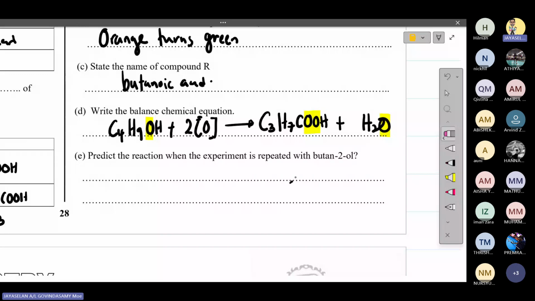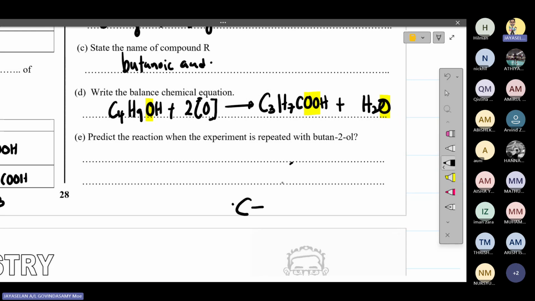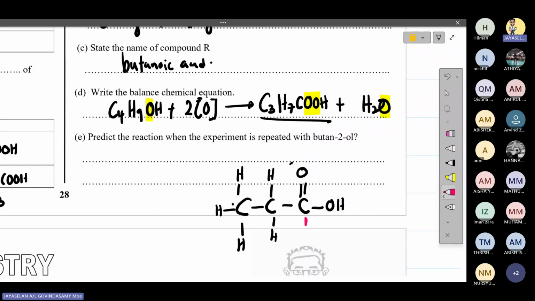Predict what will happen if the experiment is repeated with butan-2-ol. Always remember carboxylic acid. I take one example. For example, I draw this, 1, 2, 3. This is the functional group of carboxylic acid. The functional group of carboxylic acid must start at the first carbon.